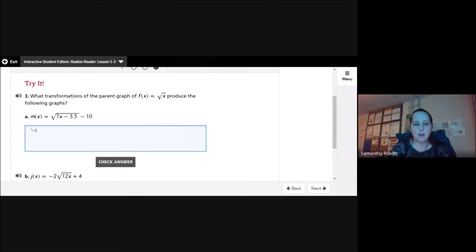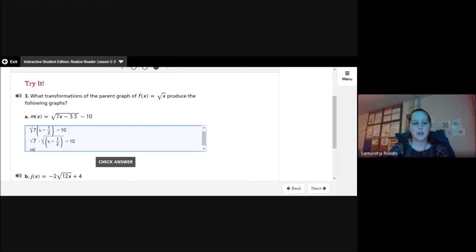So I can factor out 7, so x minus a half, minus 10. So this is the square root of 7 times the square root of x minus 1/2, minus 10.